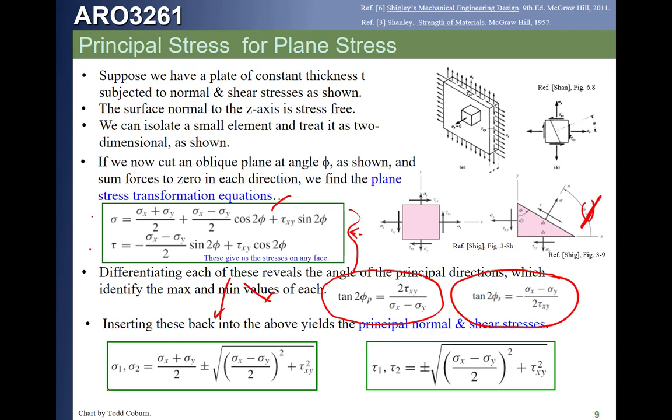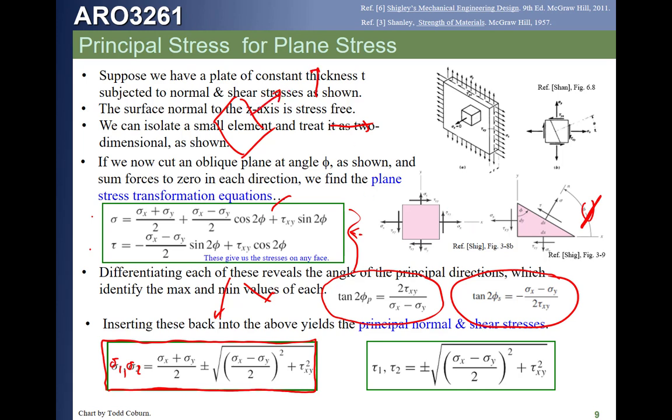You'll notice this is really one equation right here. It's going to give you both stresses, sigma 1 and sigma 2. That means when we have rotated this element, we're no longer going to call it x and y, because that was our original coordinate system.